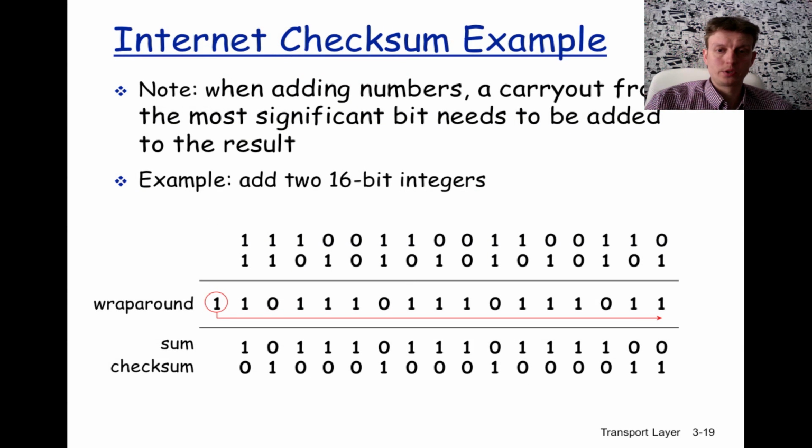This slide shows a simple example of a so-called one's complement sum. We have two 16-bit integers to add, shown here and here, and we perform binary addition. So 1 plus 0 is 1, 0 plus 1 is 1, 1 plus 1 is 0, carry 1.